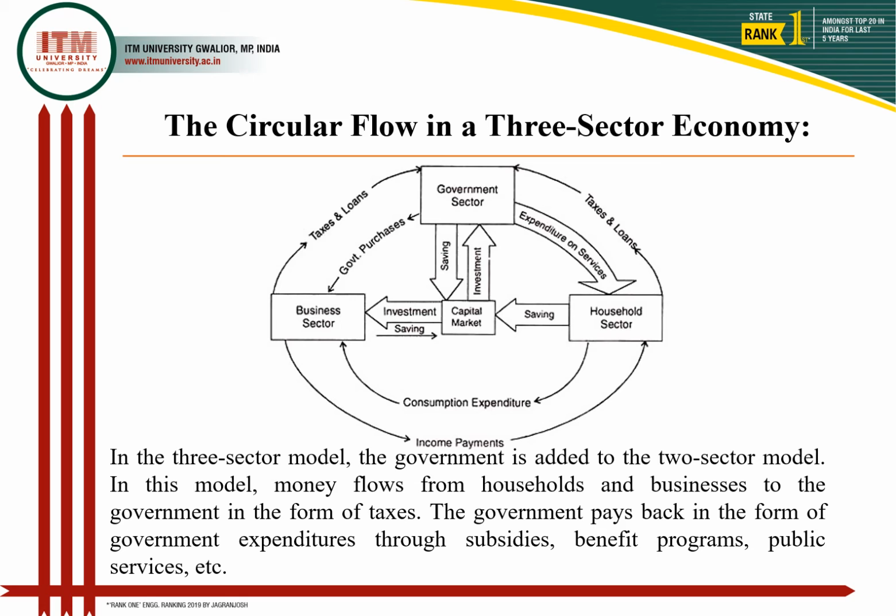So what happens is that the government is going to put taxes over the firm as well as over the household, over the income, right? You know that on a household or an individual, it can be taxes in the form of income tax as a direct tax.